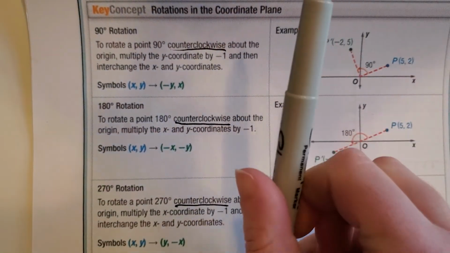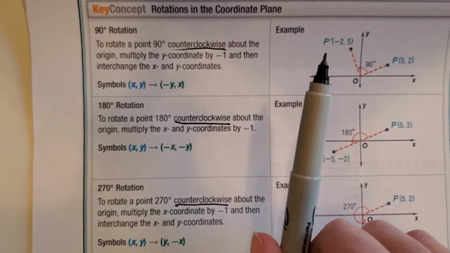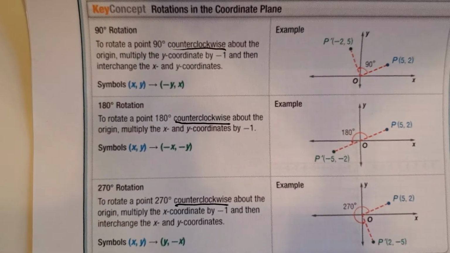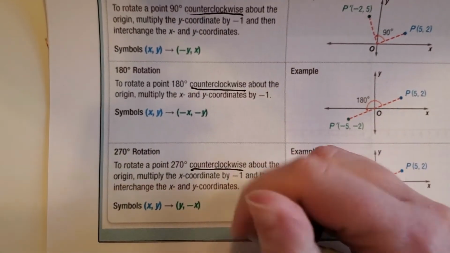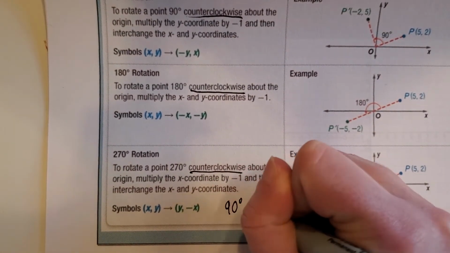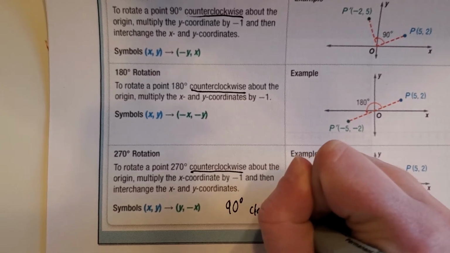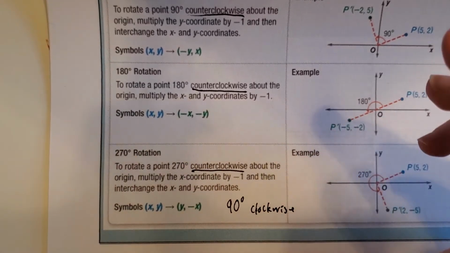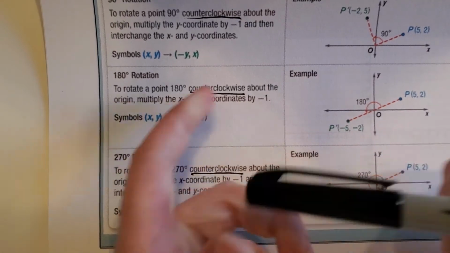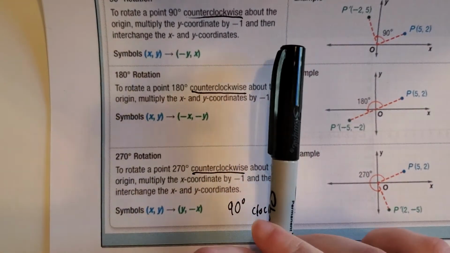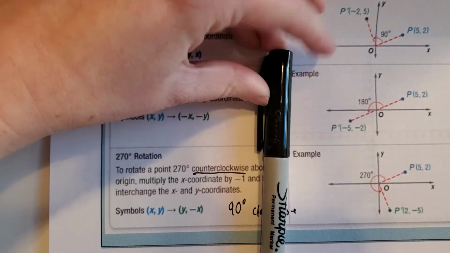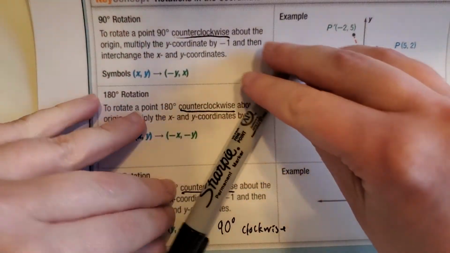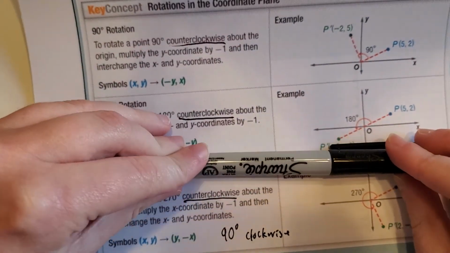If you have a clock, counterclockwise is going this way. 270 degrees counterclockwise, you also might see as 90 degrees clockwise. Because if you think about it, if you start here, clockwise is going this way, so 270 degrees counterclockwise would be 90, 180, 270, and you'd end up here.